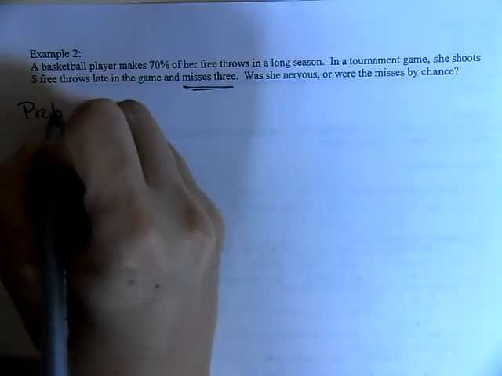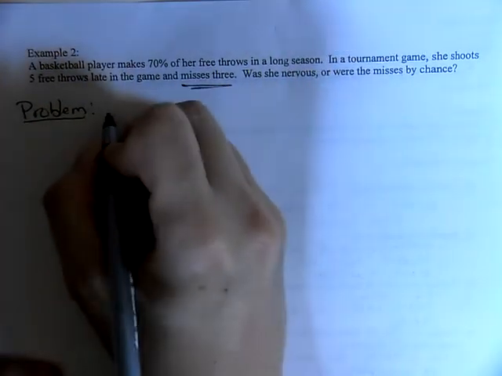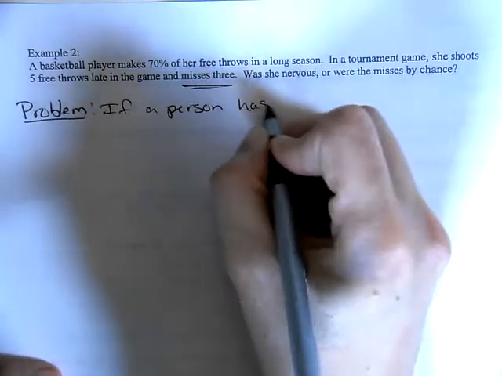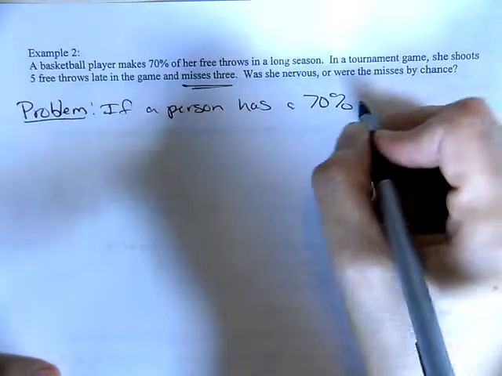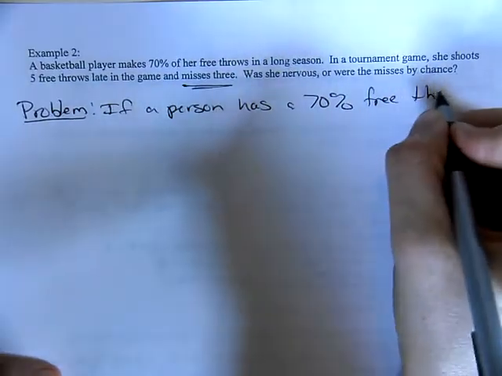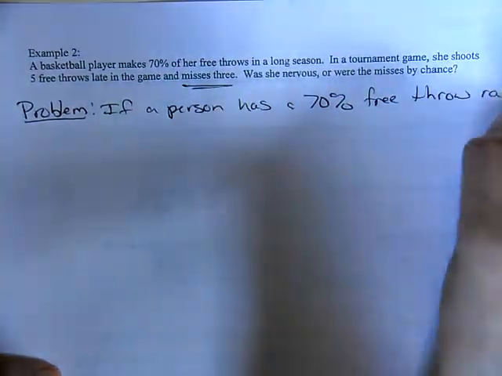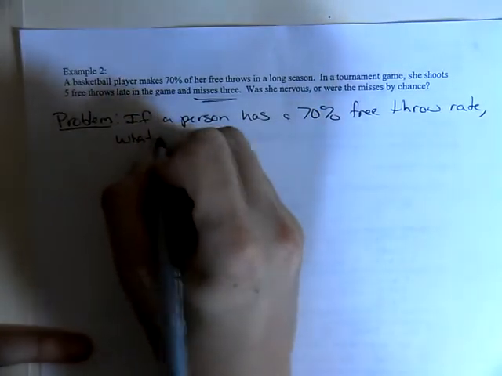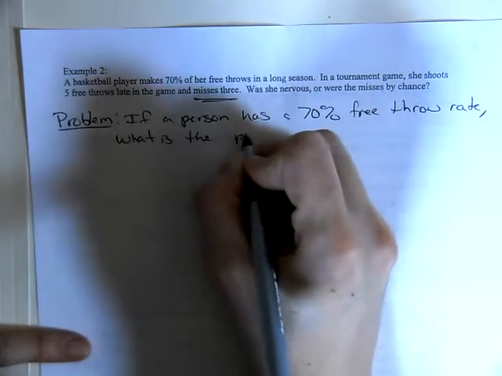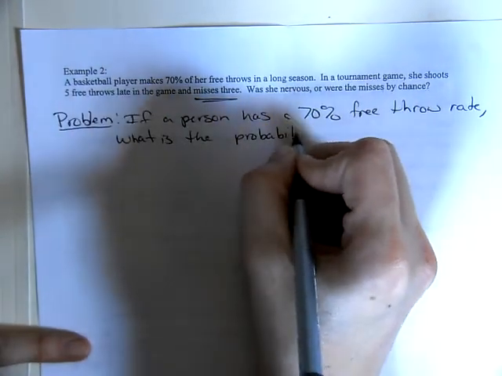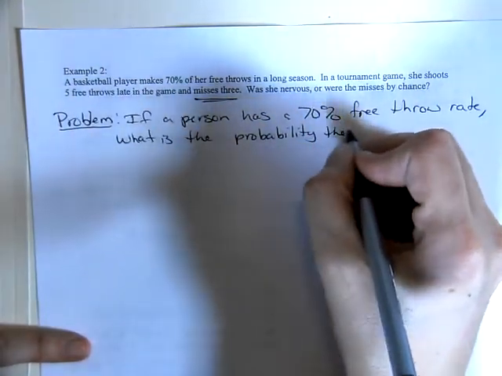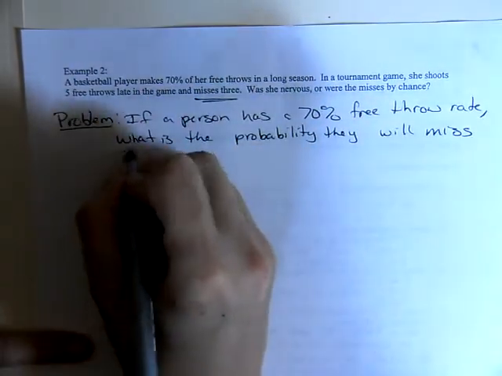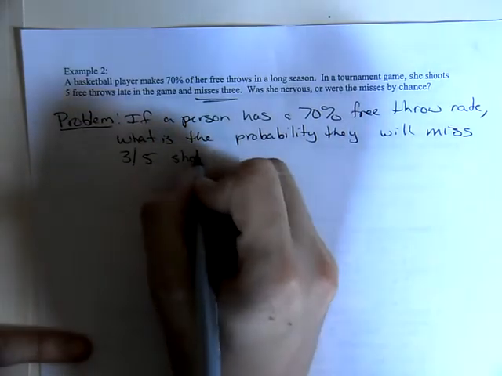So again, our problem here: if a person has a 70% free throw rate, what is the probability they will miss 3 out of 5 shots?